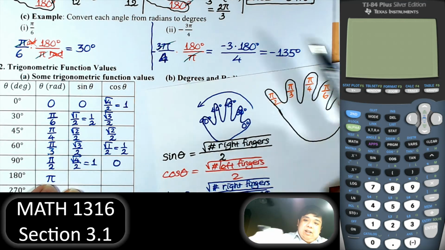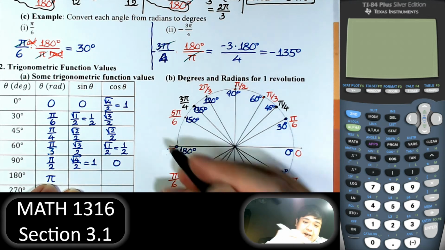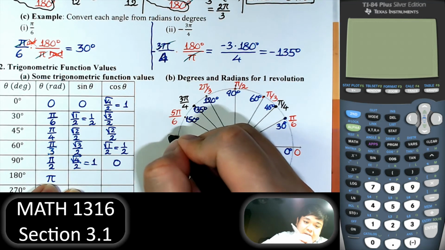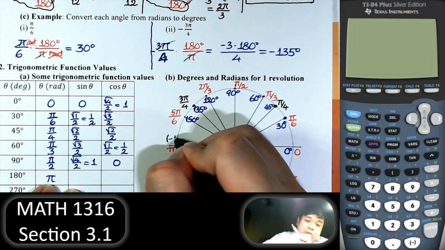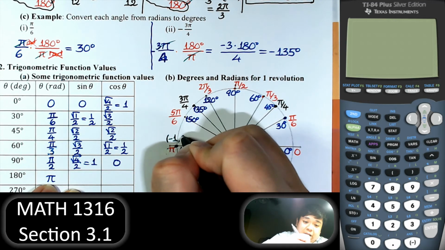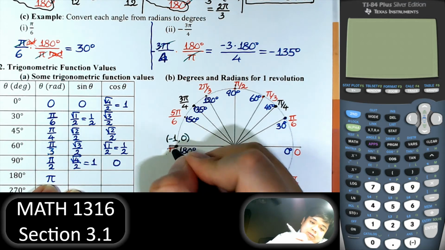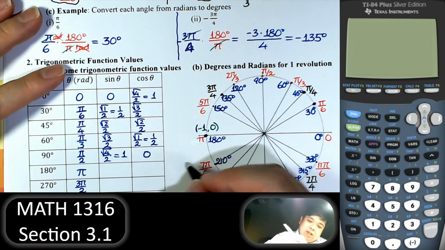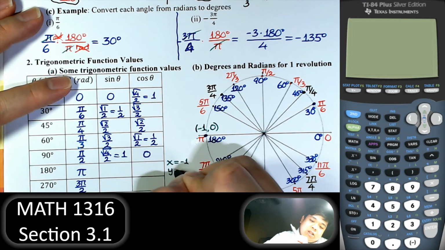Right, 180. A little special values. At 180, we can choose the values x equal to -1 and y equal to 0, and r. Yes, so at 180 degrees, x equals -1, y is 0, and r is equal to 1.